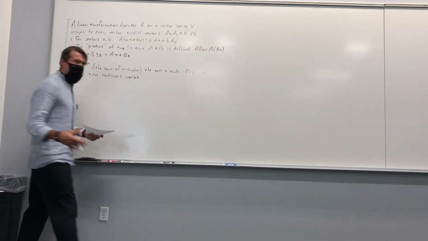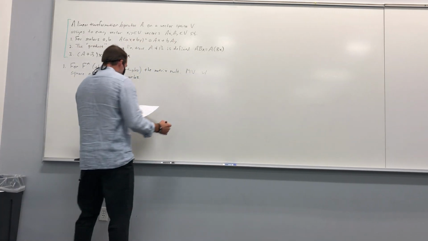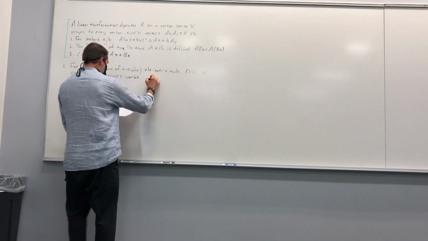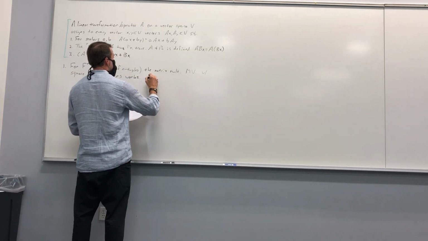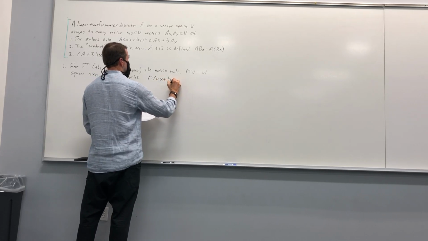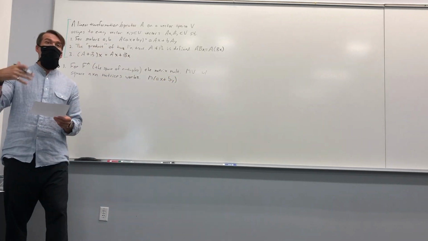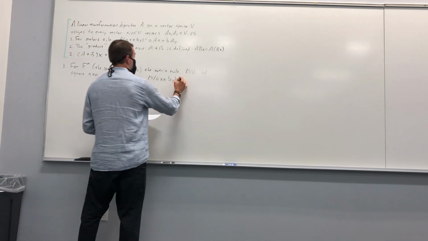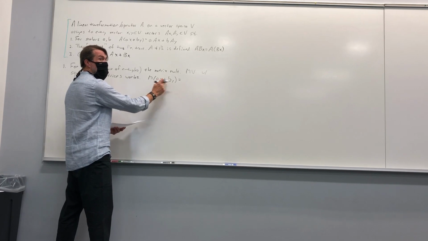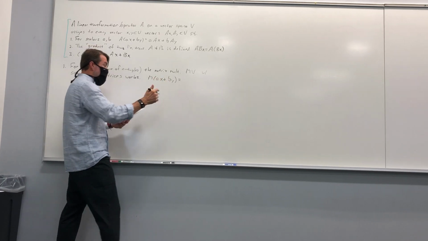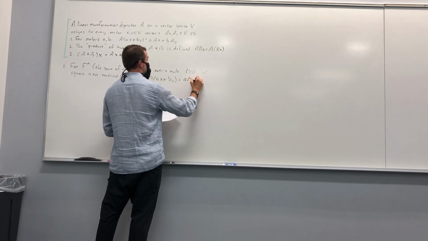Let's sort of demonstrate that. First and foremost, we know that if I have a matrix acting on a linear combination of vectors, and now I'm going to rely on your familiarity with matrix algebra, okay? a and b are scalars, x and y are vectors, and M is a matrix. Is this equal to this?